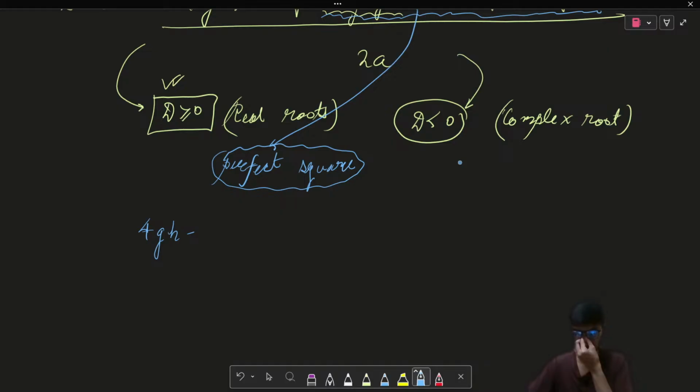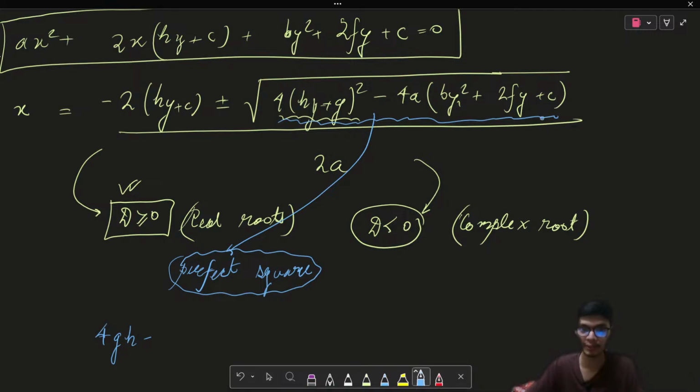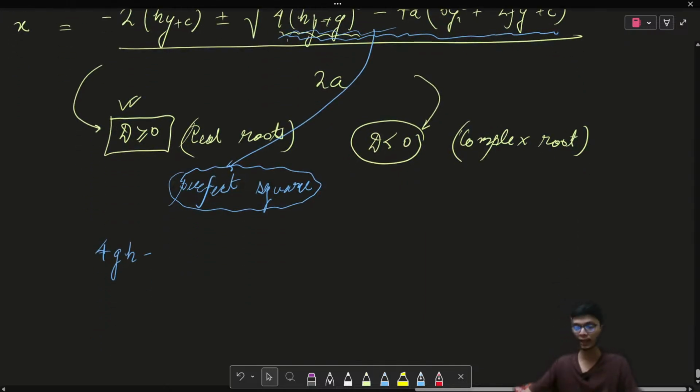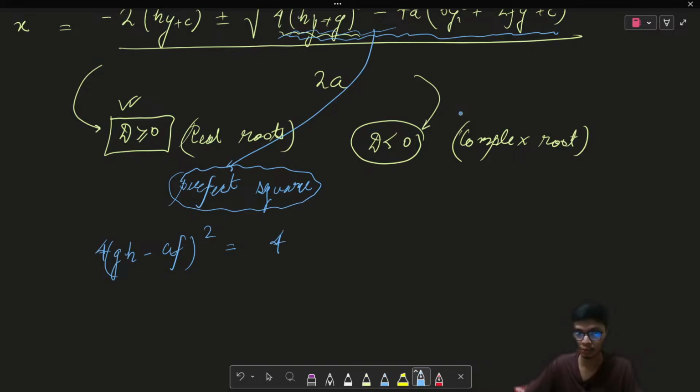So it will only become a perfect square when 4 times of, so that also I can consider a quadratic over here, right? This particular thing is a quadratic in y, right? So if I consider this as a quadratic in y and express it for a perfect square, then that quadratic should have the discriminant equal to 0, right? So this quadratic in y should have the discriminant equal to 0 in order for this blue expression to be a perfect square. Therefore I will have 4gh minus AF whole square equal to 4 times H square minus AB times G square minus AC, right?